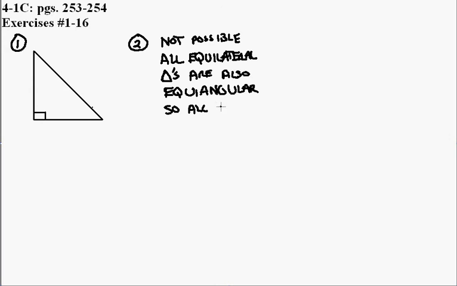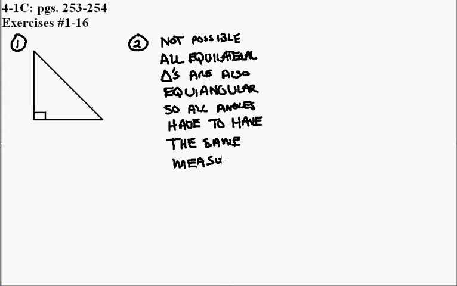So all angles have to have the same measure. So you know the sum of the three interior angles of a triangle is 180, and if I divide that into three equal parts, each of those angles would be 60 degrees. So to have a right equilateral triangle is not possible.